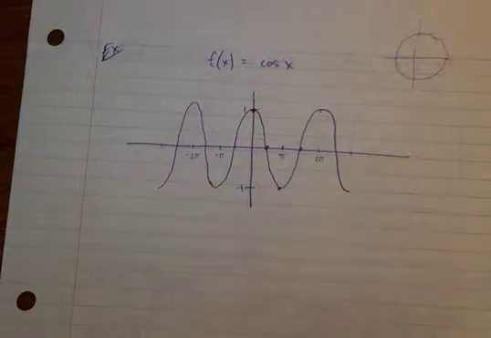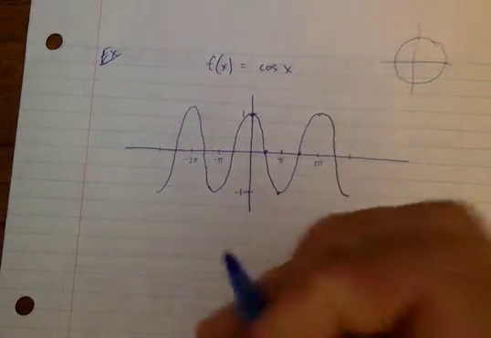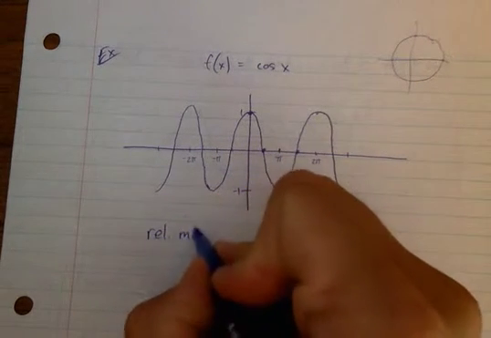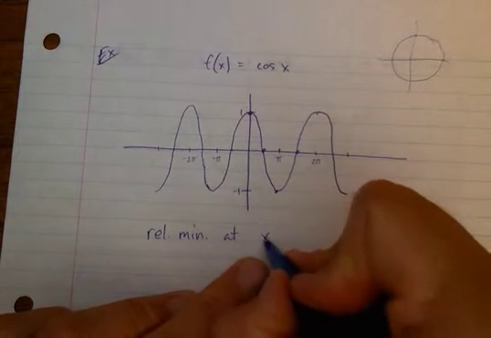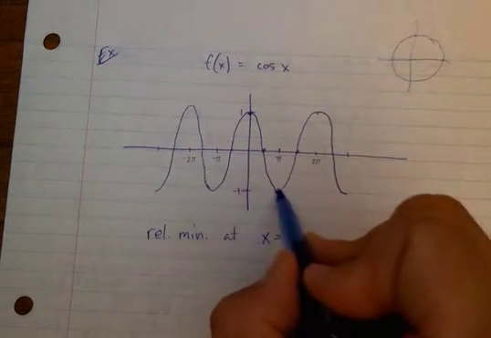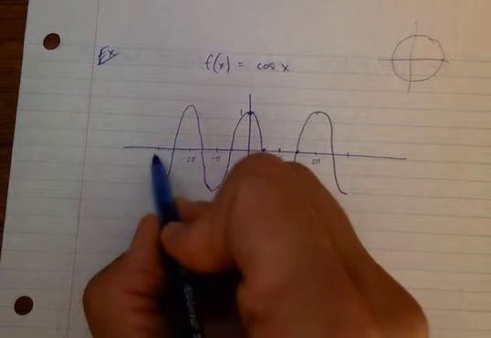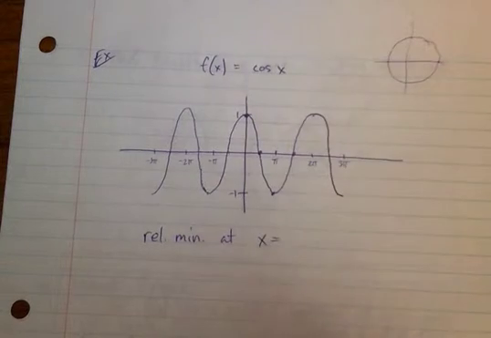So, do we have any relative extrema? Let's write it out properly. Relative minimum at x equals, well, where do we have the relative minimum? We have them at pi, -pi, this over here is -3 pi, this over here is 3 pi.